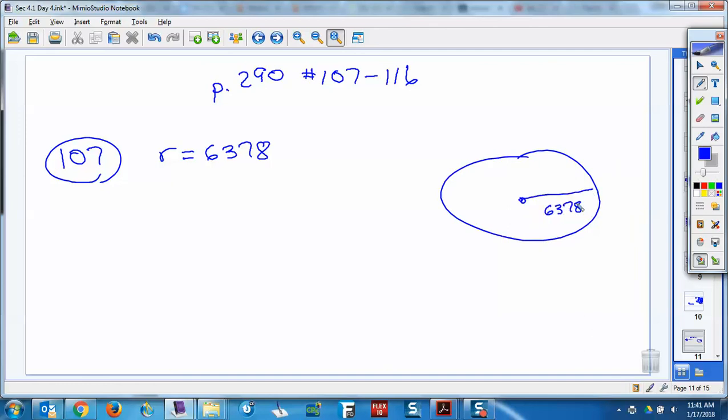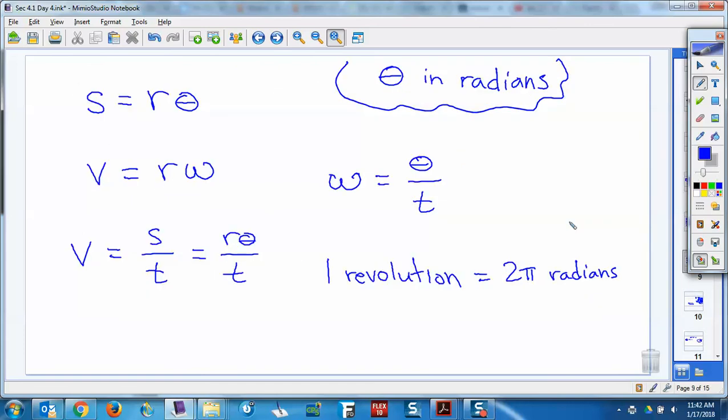And it says that Syracuse and Annapolis are 475 kilometers apart going due north. Aren't they just wanting that right there? What's the difference in their latitudes? It's just the angle between them. So what formula is going to be the one I want?